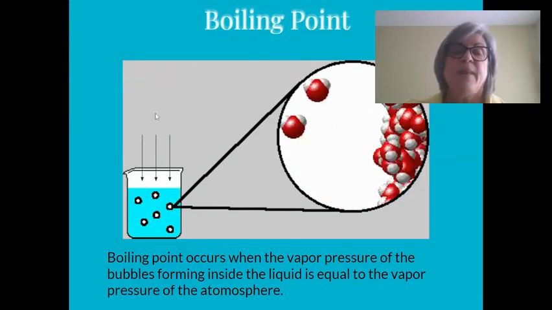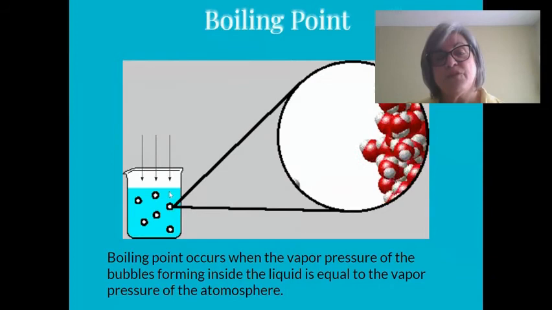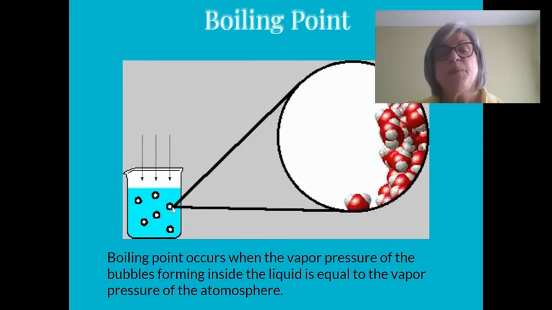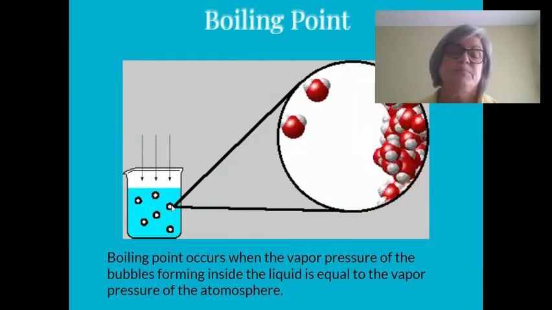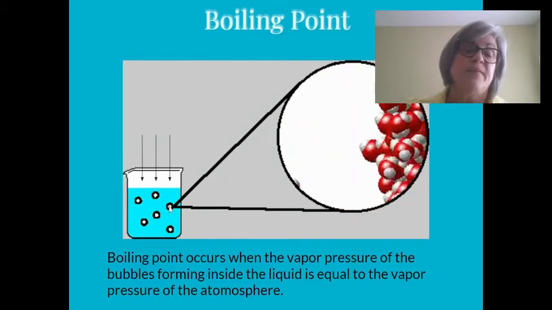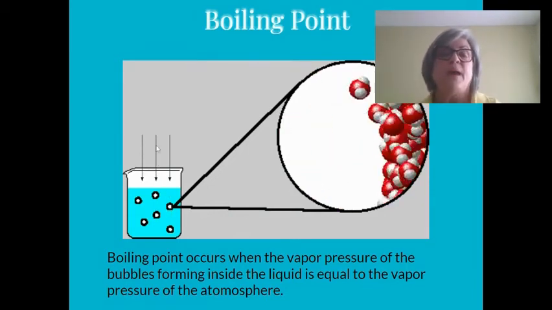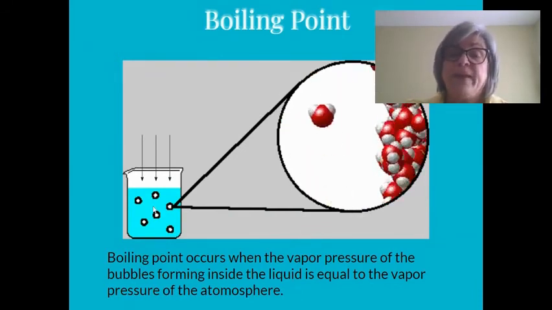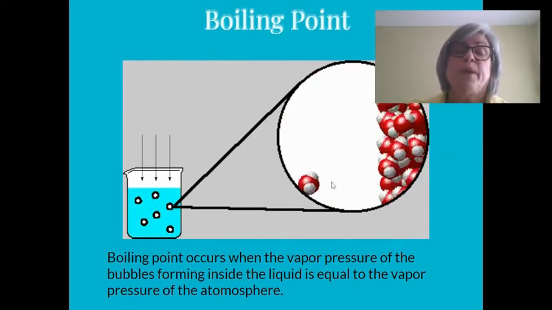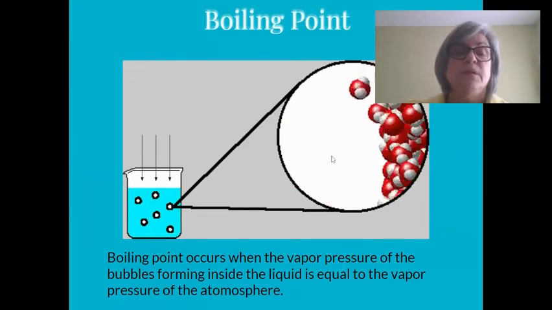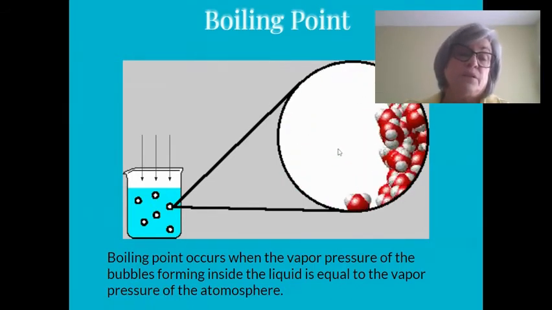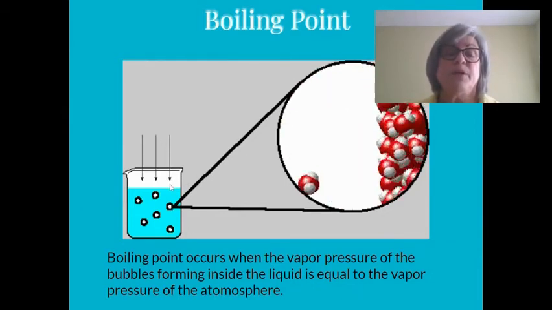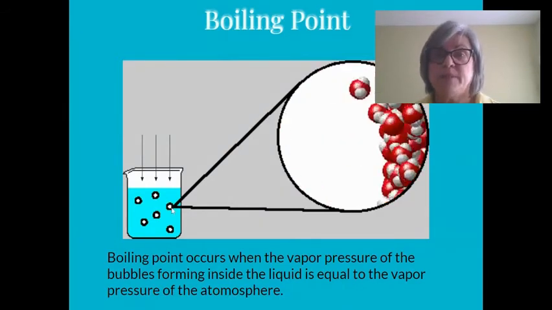However, at the same time, atmospheric pressure is pushing down on the surface. And so if the atmospheric pressure is greater than the vapor pressure that's trying to form inside these bubbles, that atmospheric pressure will collapse the bubble. So boiling happens when the vapor pressure inside the bubbles or inside the solution is great enough to overcome the atmospheric pressure pushing down, trying to collapse the bubbles.